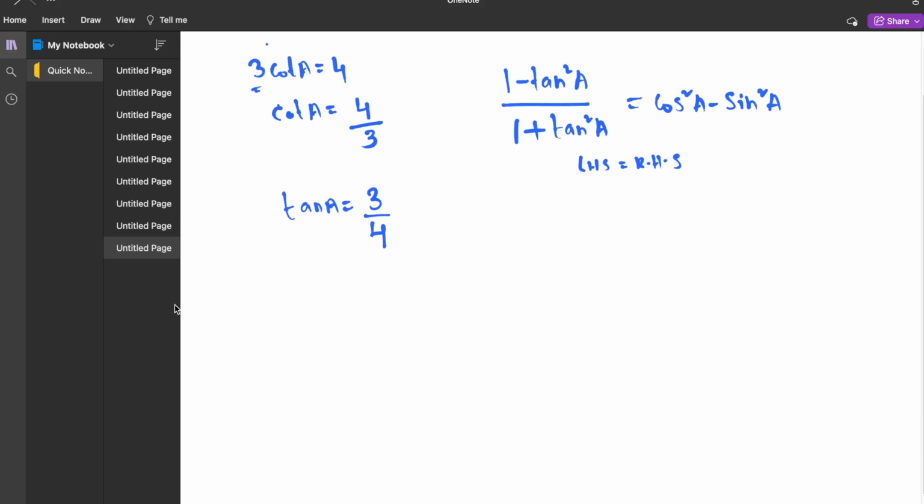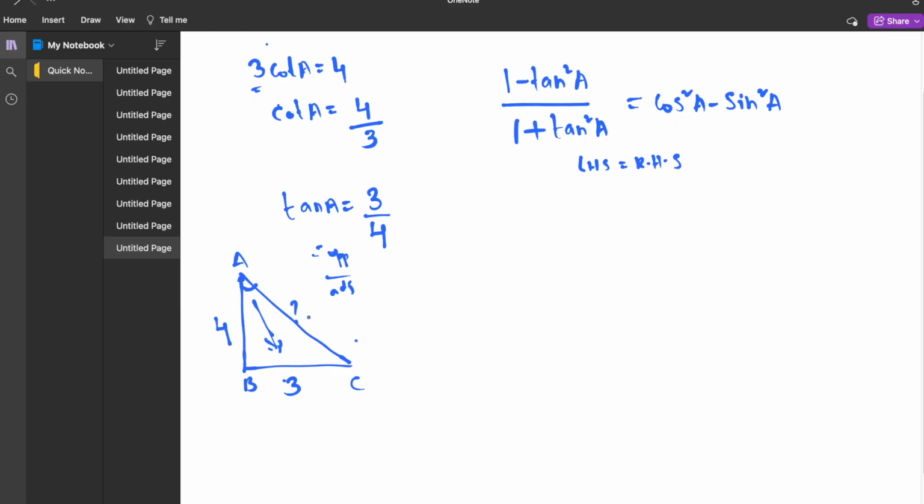Okay, so if we draw a right angle triangle ABC, and this is your angle A, tan A means opposite side, that is this one, by adjacent. So 3 by 4. Opposite to angle A is 3, adjacent is 4.